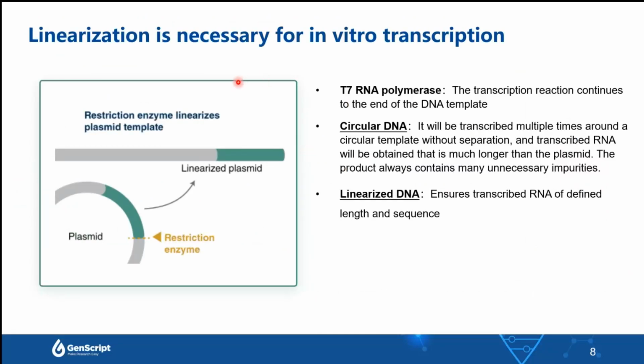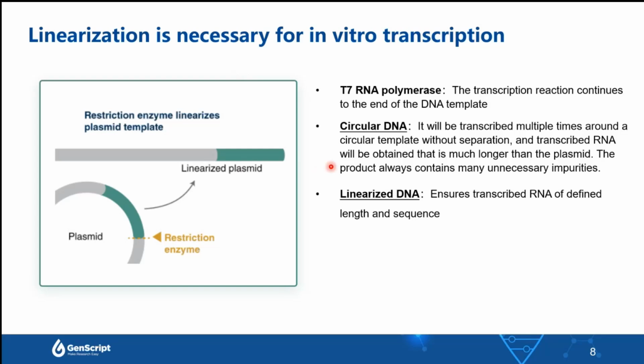First is about the linearization of the DNA template. Linearization is necessary for in vitro transcription. So we use a restriction enzyme to make it from a circular to a linearized plasmid.